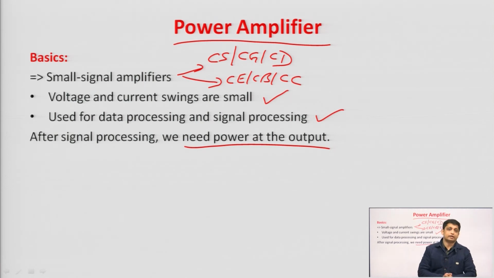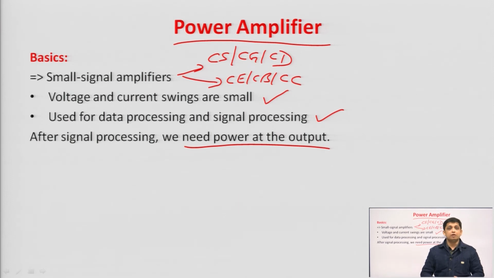The reason is that the output of the amplifier is connected to some output device. That output device may be a motor, a printer, or a public address system, right. So, we need a large amount of power at the output and we cannot generate such large power with the help of small signal amplifiers.